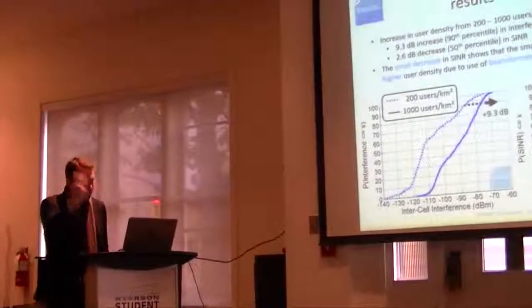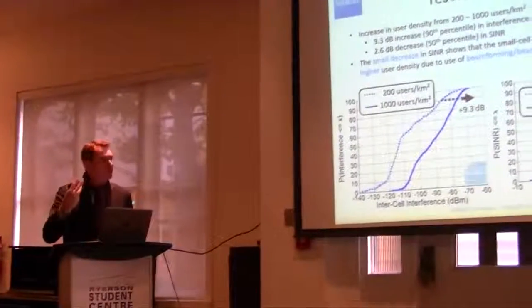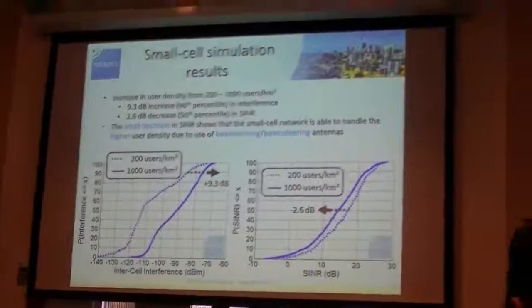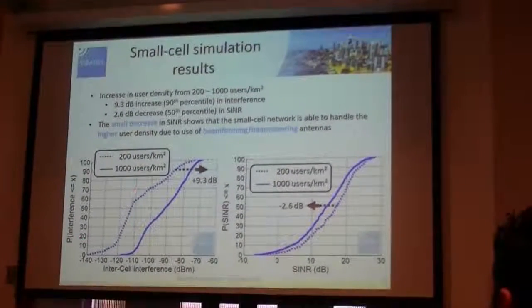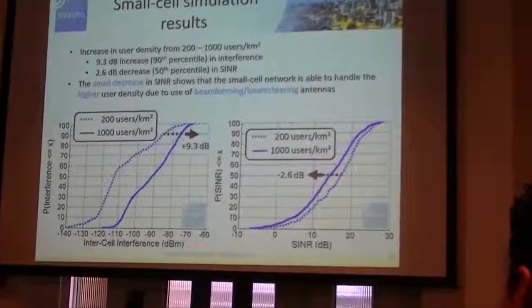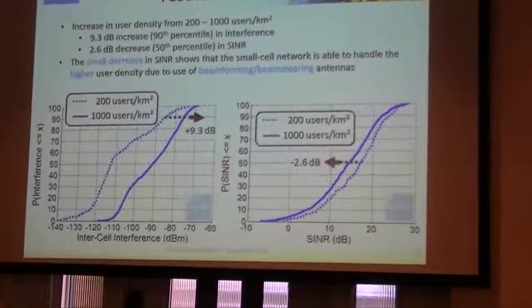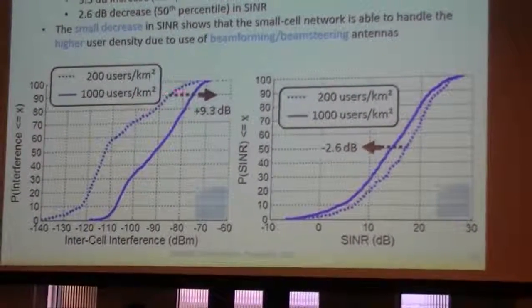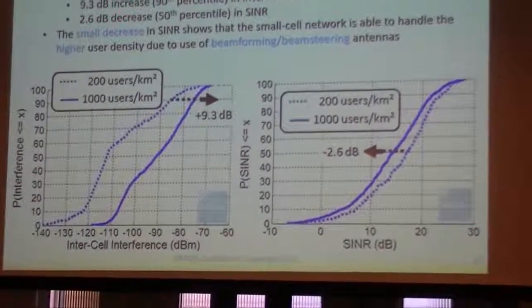So when we run the computation based on what we've done in modeling the vegetation, etc., we get those curves. Here we represent the intercell interference on the left and the SINR on the right. As you may see, there is an increase.